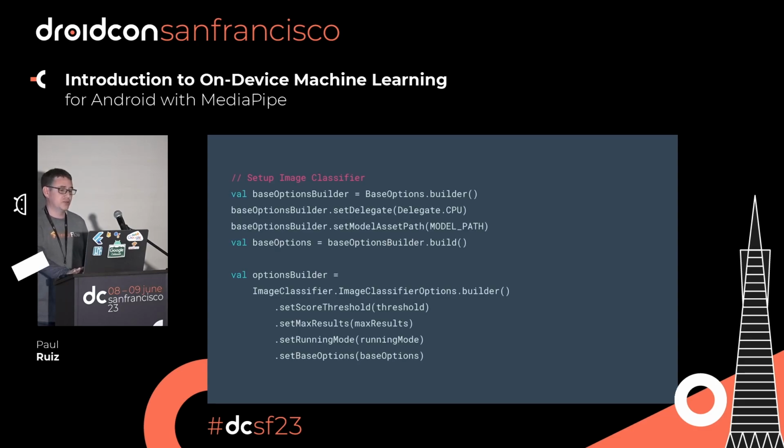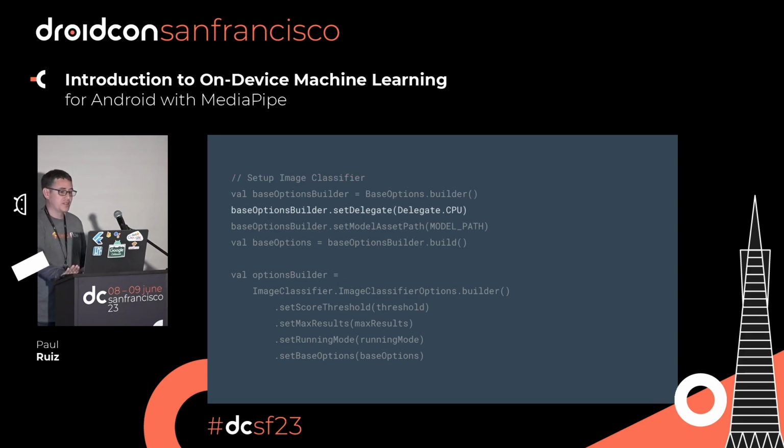So the next thing to do is to create the actual object that is going to do the classification for you. This pattern is pretty similar across all of the tasks that we have with MediaPipe, so I am going to take a second to just go through it. There's two levels of options that will be combined to create the classifier. The first is the base options, which we can create using a builder pattern.